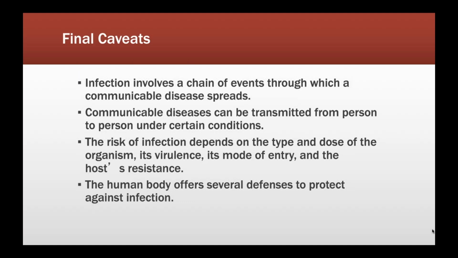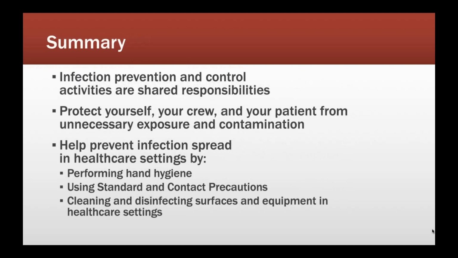And that risk of infection transmission is also dependent upon the dose, how virulent it is, and what mode of entry it was. Was it a direct splash to the eyeball, or was it something that splashes on intact skin? And then what's the host resistance, right? We recognize that the human body itself provides multiple defenses that will help us ward off potential infection.